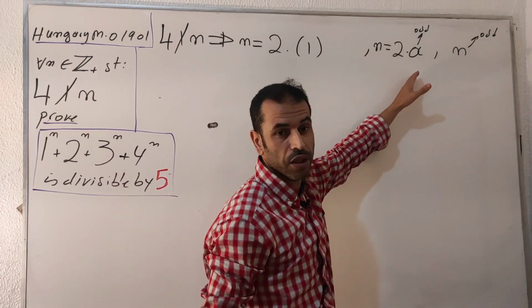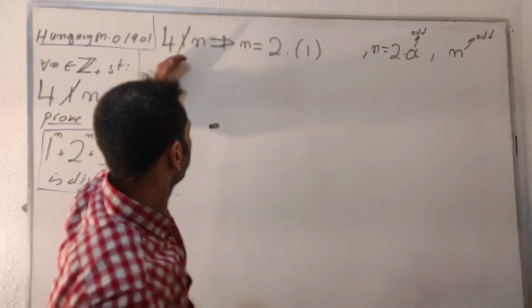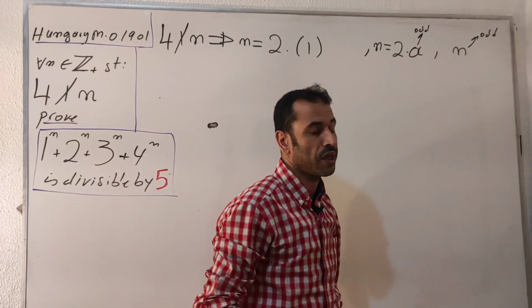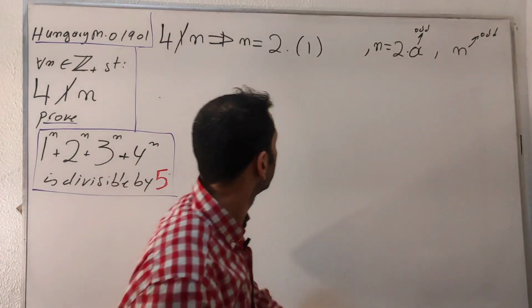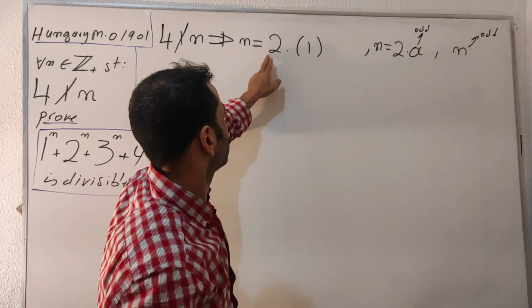All these cases make 4 not divide n. In other words, n takes only these three possibilities; it cannot take anything else.